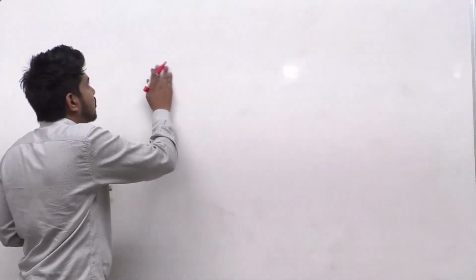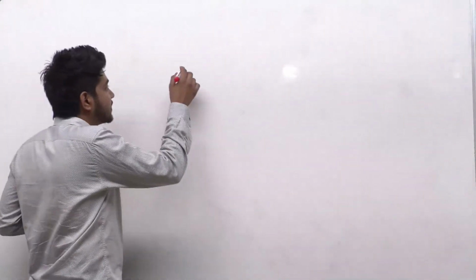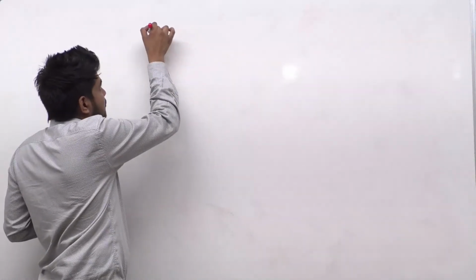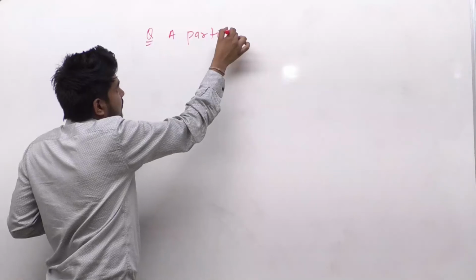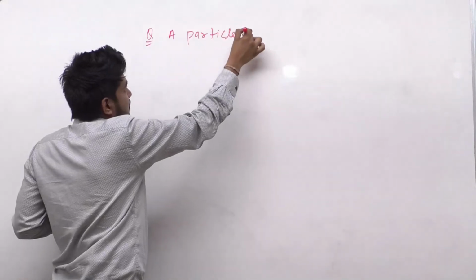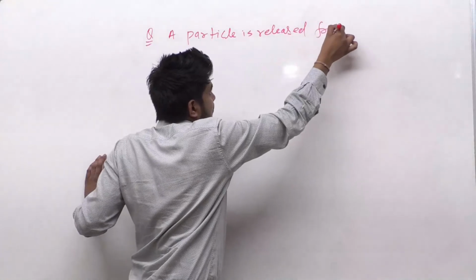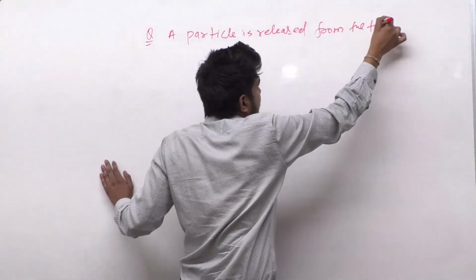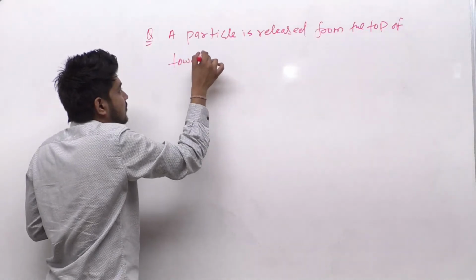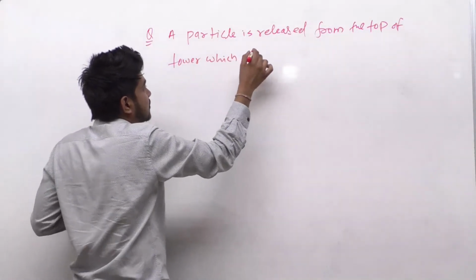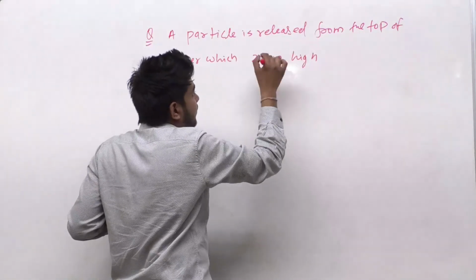I will solve one more problem, which is distance traveled in nth second. So let's say the question is: a particle is released from the top of a tower which is 200 meter high.